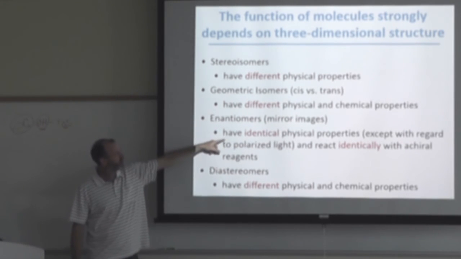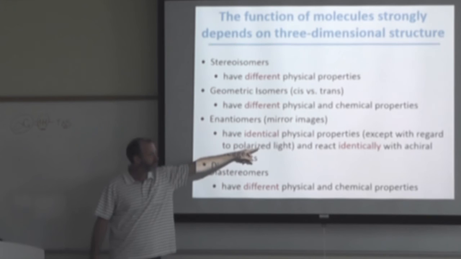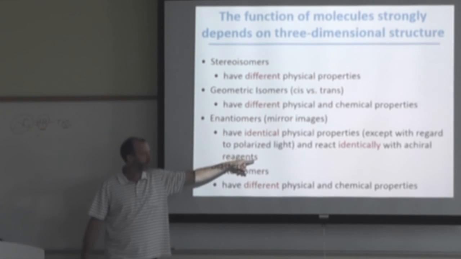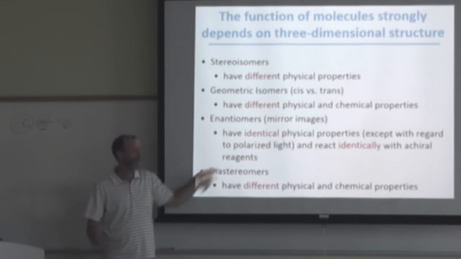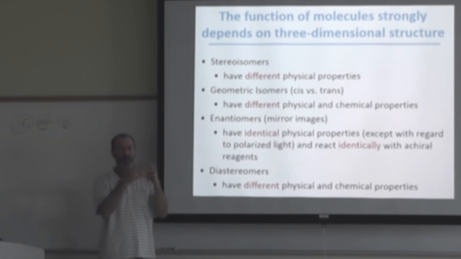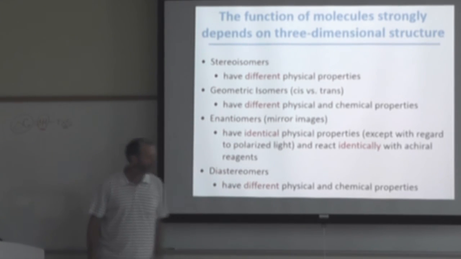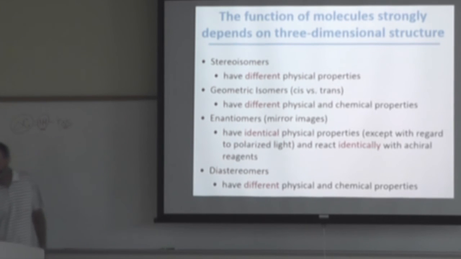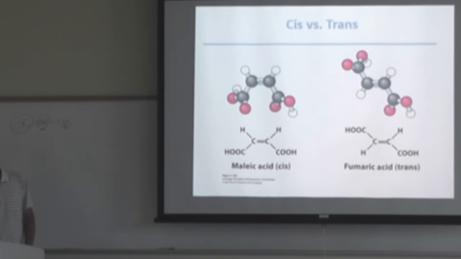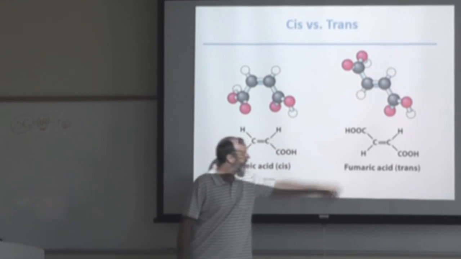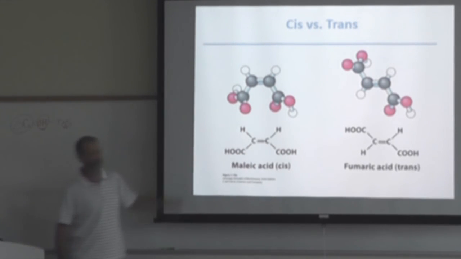Enantiomers, mirror images, have identical physical properties except with regard to polarized light, and they'll react identically with achiral reagents, but they might not bind identically. And then diastereomers have different physical and chemical properties altogether. Here we go through some of the examples. Cis versus trans, maleic acid versus fumaric acid. Their structures.